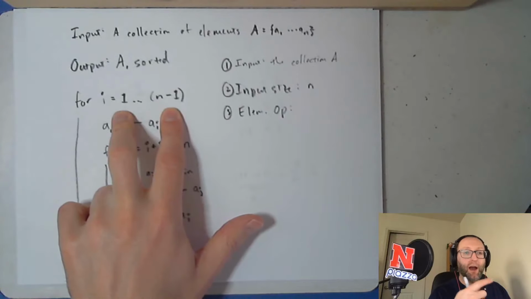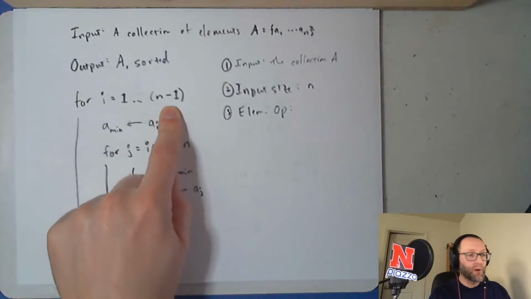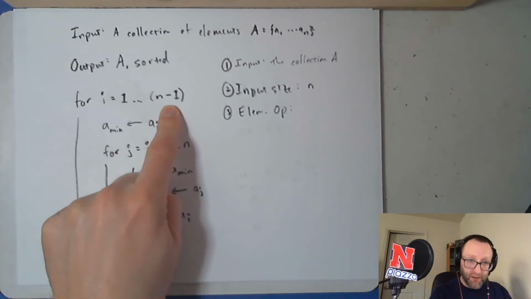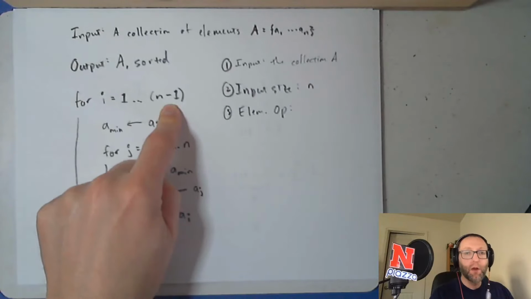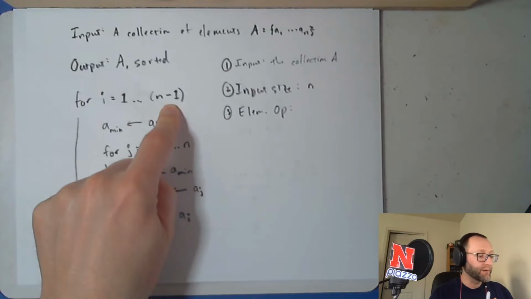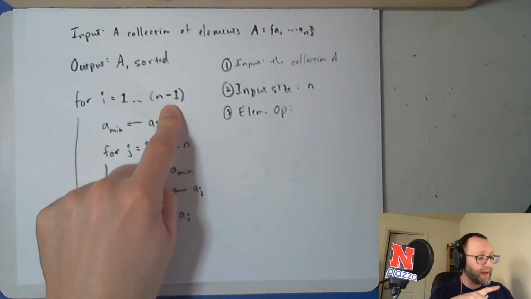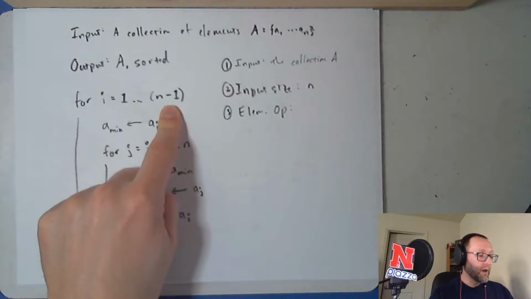For i equals 0, i is less than or equal to n minus 1. That comparison there is some non-trivial amount of work when you're thinking about processor time, when you're thinking about CPU cycles. I'm not saying that it's free or that it doesn't cost you anything.